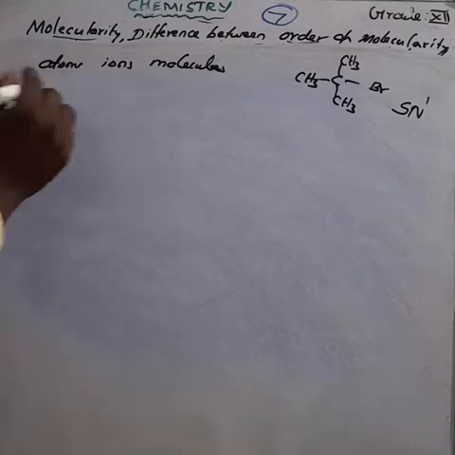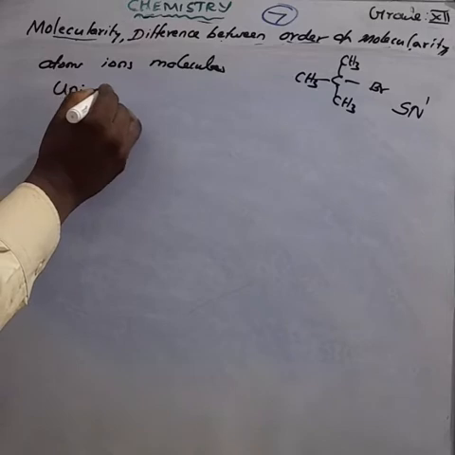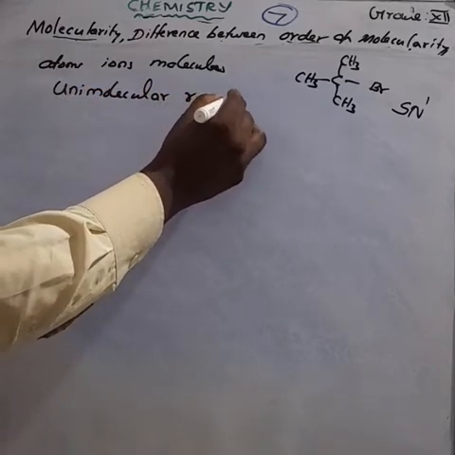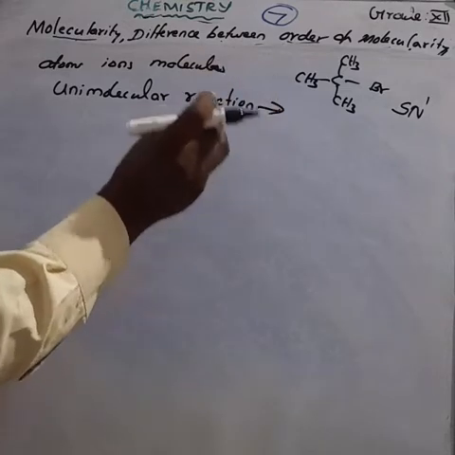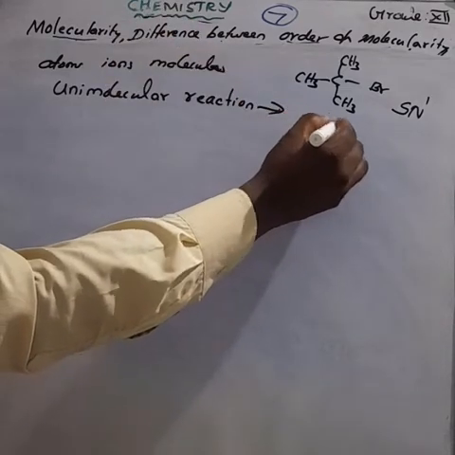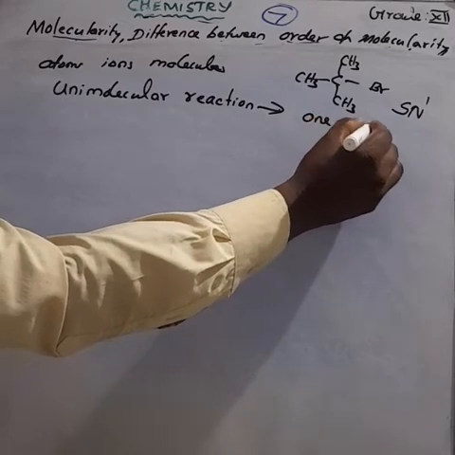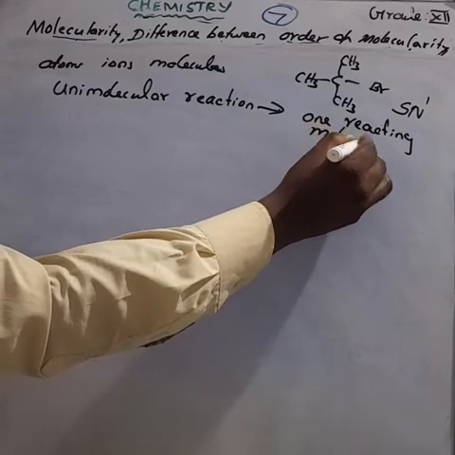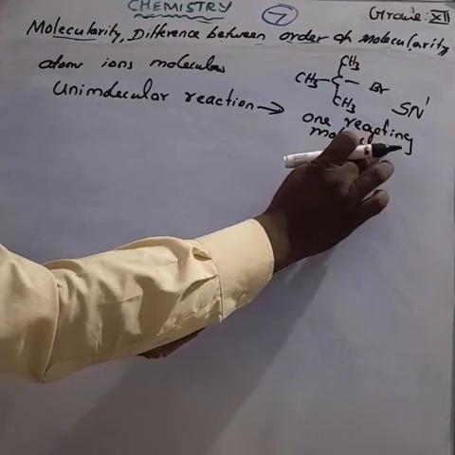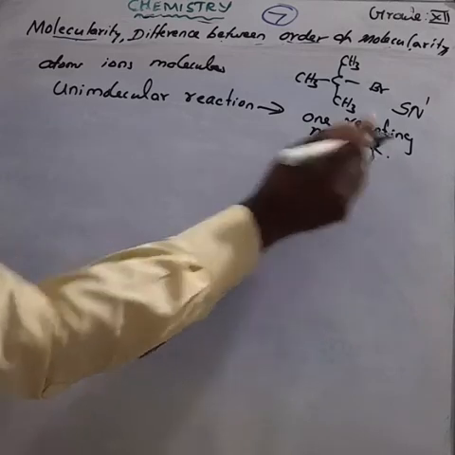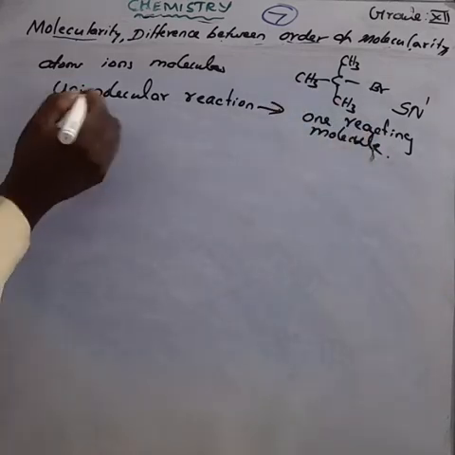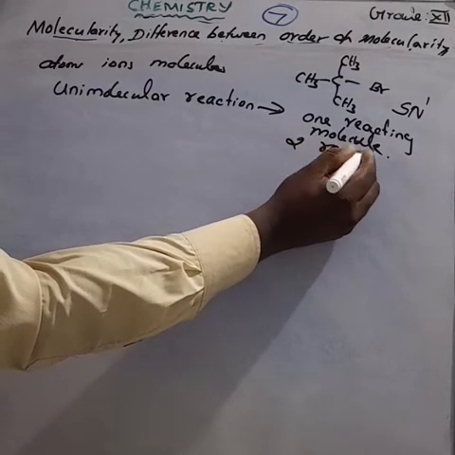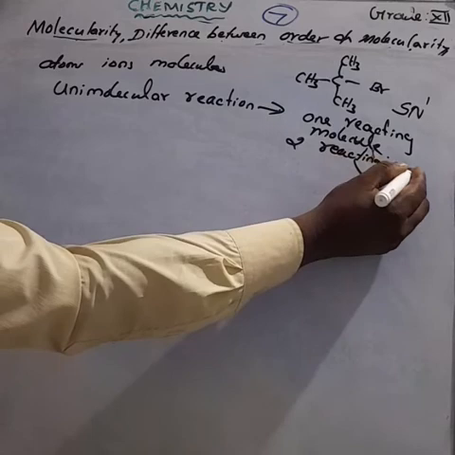Here, unimolecular reaction, bimolecular reaction. What does unimolecular mean? It is a reaction in which only one reacting molecule participates. Uni means one. If two reactant molecules collide with one another, two reacting molecules means bimolecular.